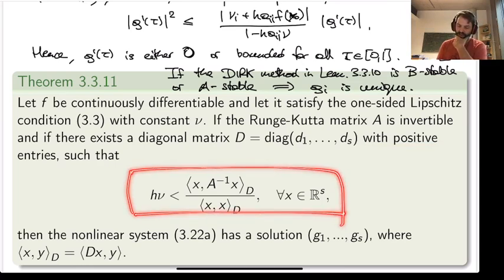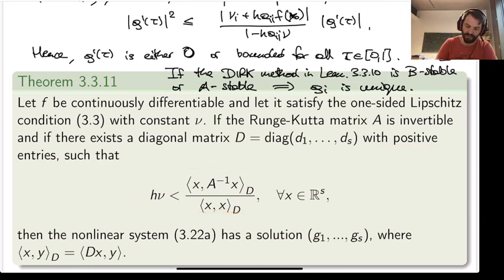which clearly is a generalization of what we had before, because just look at it. Before we had h times nu times a_ii less than 1 for diagonally implicit methods.